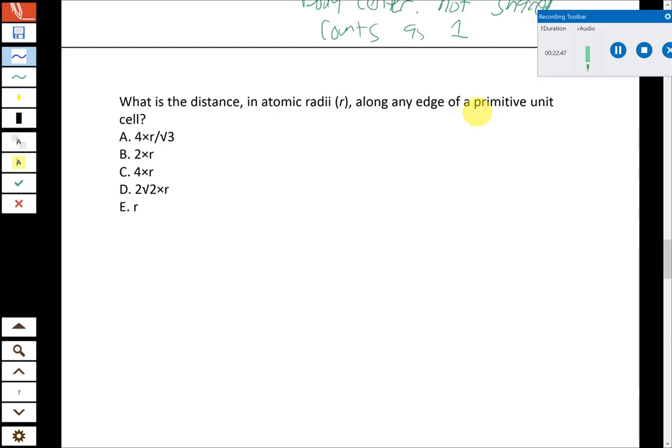And basically, what this question is asking is, what is the distance in atomic radii along the edge of a primitive unit cell? So when we think about a primitive unit cell, we have a cube, and a primitive cubic cell basically means you're putting 1 atom at each corner of the cube.